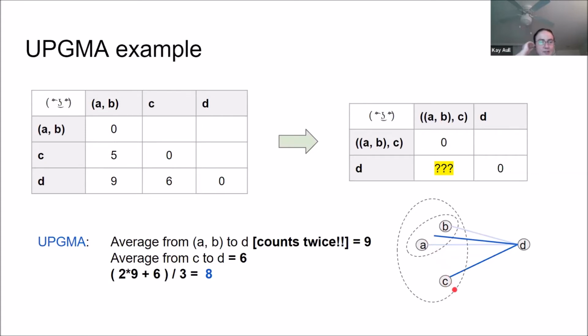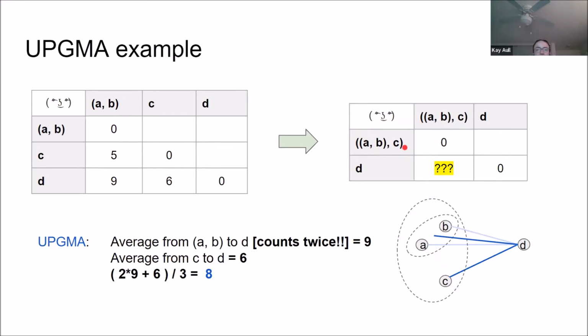And so you want to merge these things together into one big happy cluster, this thing here. And so how do you recompute the distance matrix here?